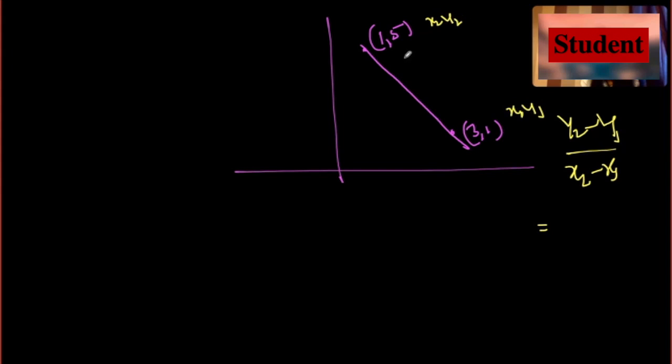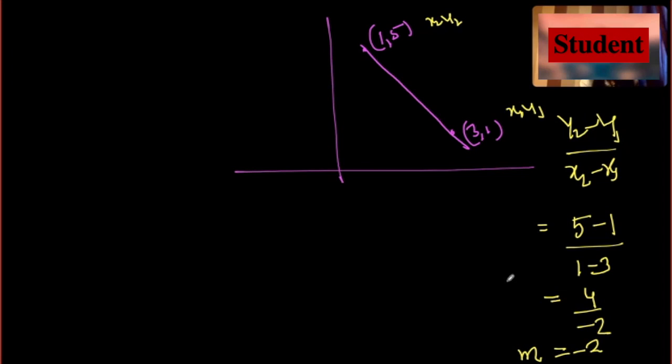So can I write 5 minus 1 over 1 minus 3? You will get 4 over minus 2, which is minus 2. So I have found the value of m. Do you have any issue up to here?